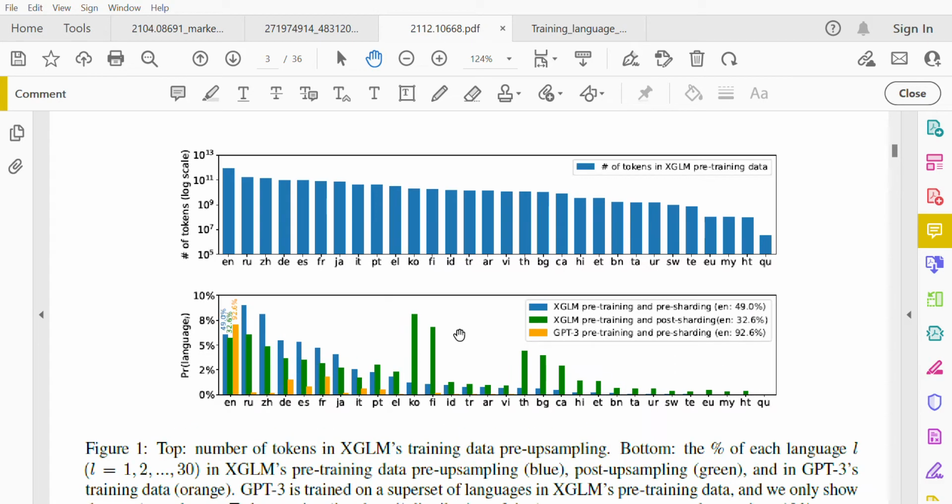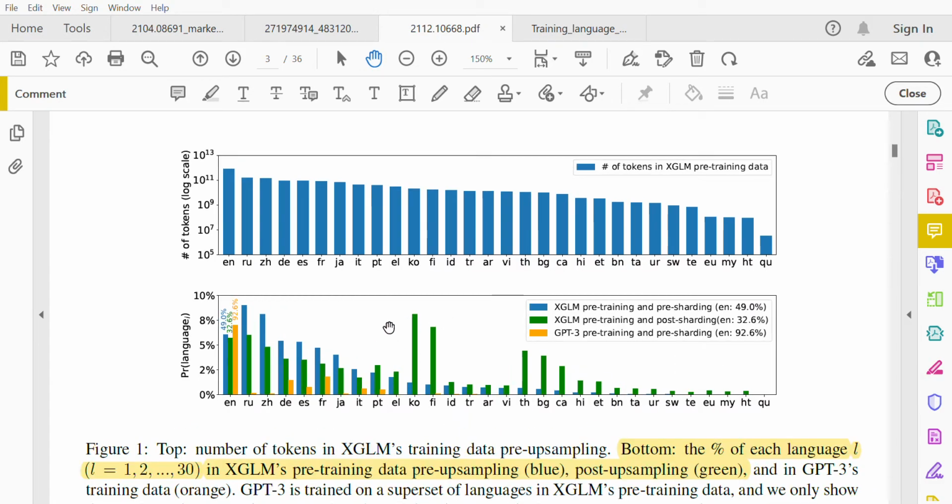So what they're showing here in this paper is what the data looks like after upsampling in this second graph here. So as you can see, in yellow, we hardly have any representation from some of these languages, but after doing this upsampling procedure and pre or post sharding, that's going to change what percent of the data set is, say, in English as opposed to any other language.